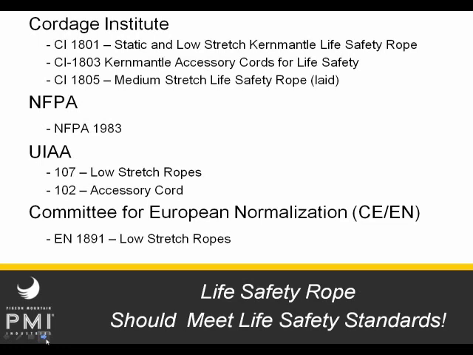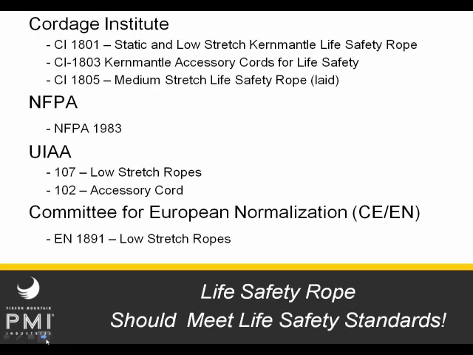Similarly, the UIAA, or Union of International Alpine Associations, refers to low-stretch ropes as a specification. It refers to the test method from Europe, the European norm, EN 1891, and it talks about specifications in relationship to those test methods.